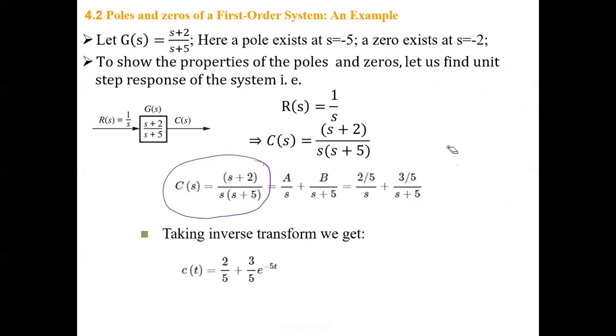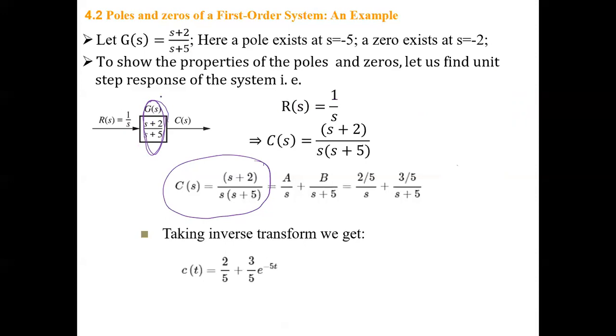But if you want to test it, suppose you are an engineer and you found the transfer function. Now you want to test whether this is useful to you or not. Then you have to choose some input and get the output.